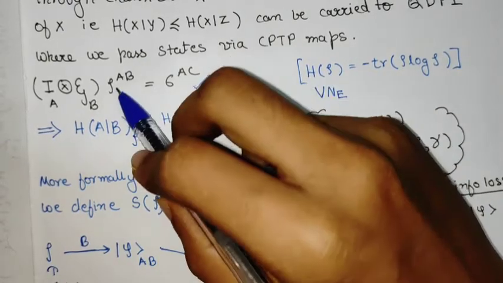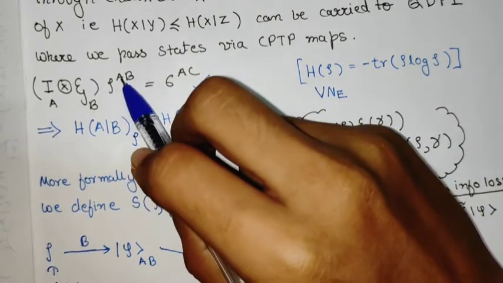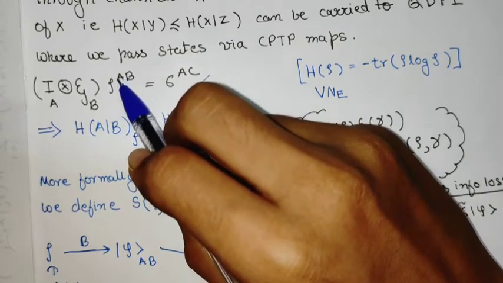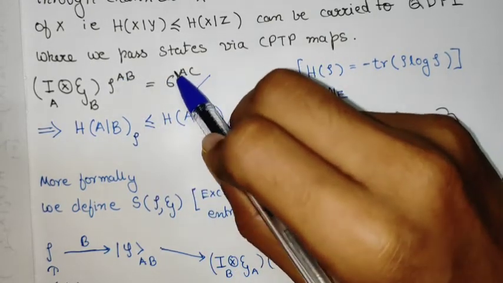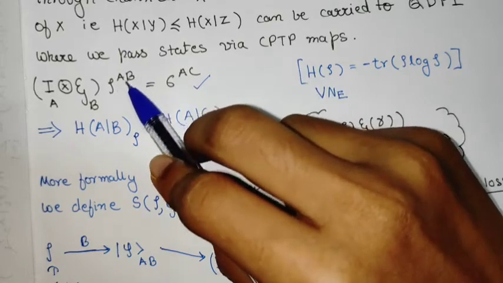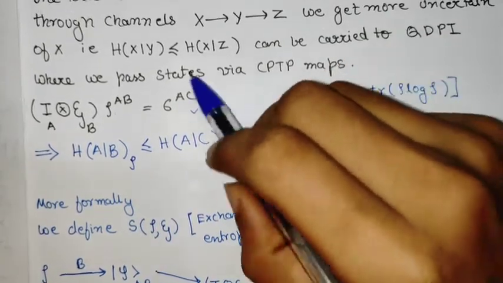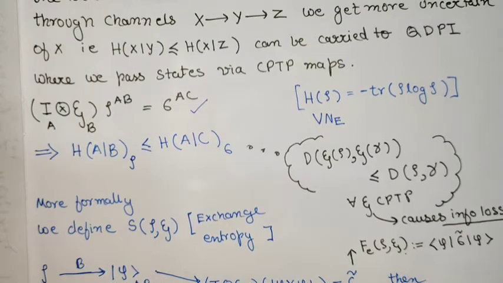So what this means is that Alice will be more uncertain about her state from Charlie than she will be from Bob. That is the same statement, intuitively, as in this classical case.